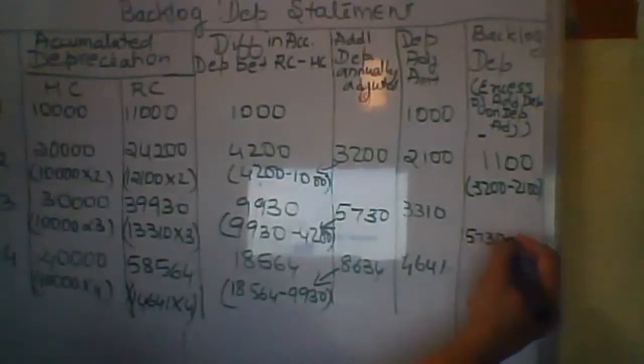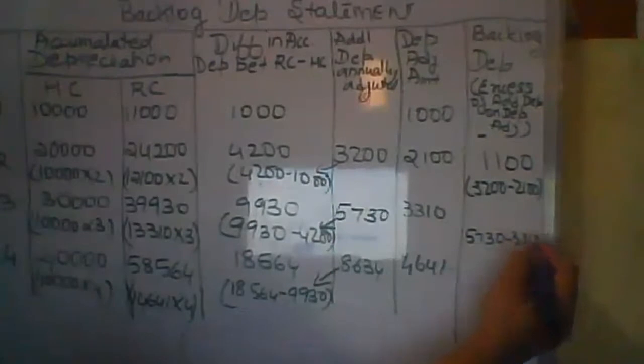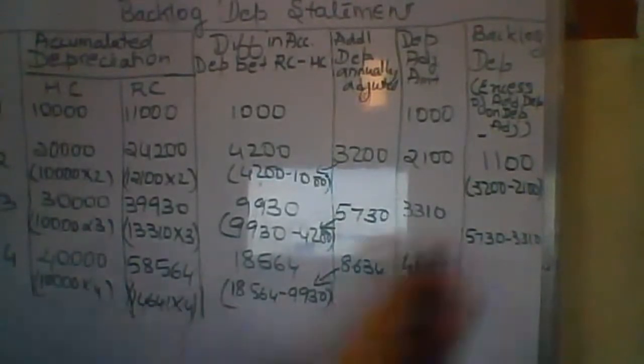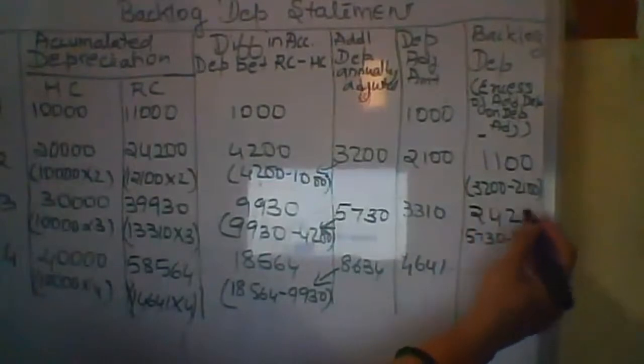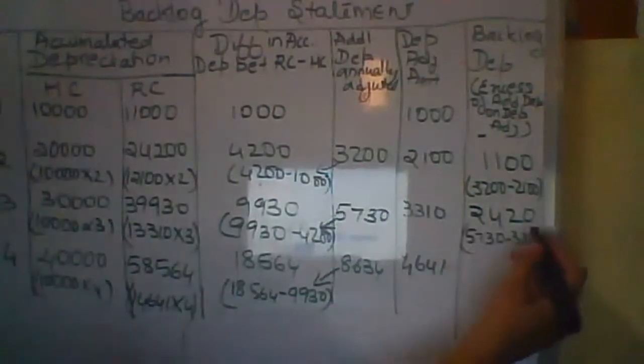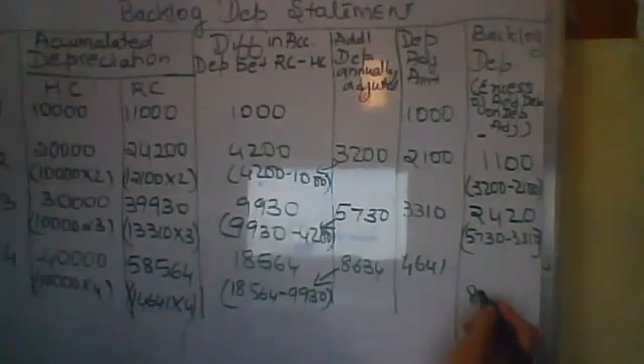So 5,730 minus 3,310, 2,420 yet to be adjusted. Backlog. Okay, pending amount. And the last year, 8,634 minus 4,641.